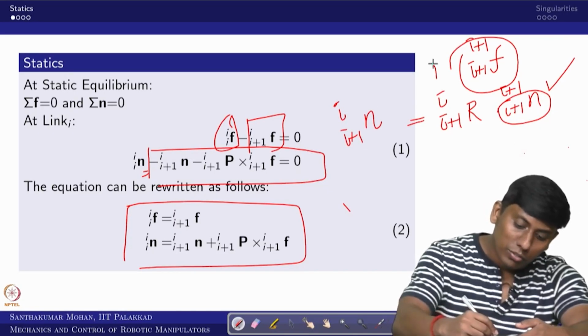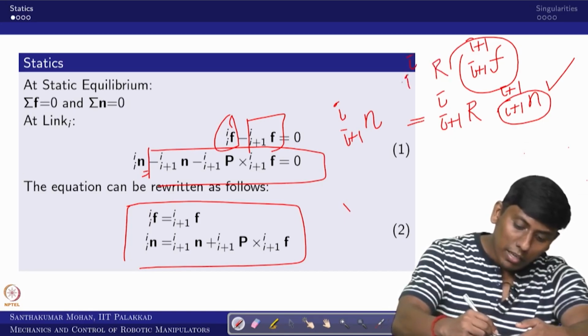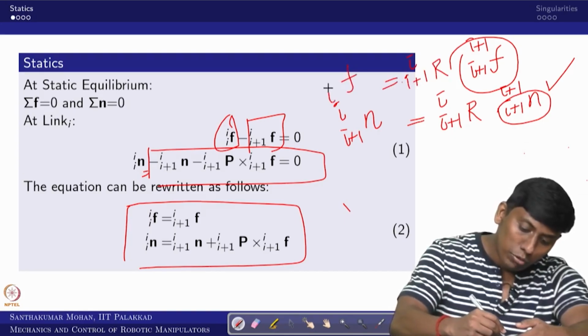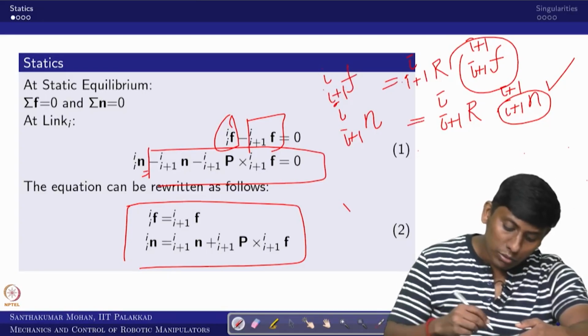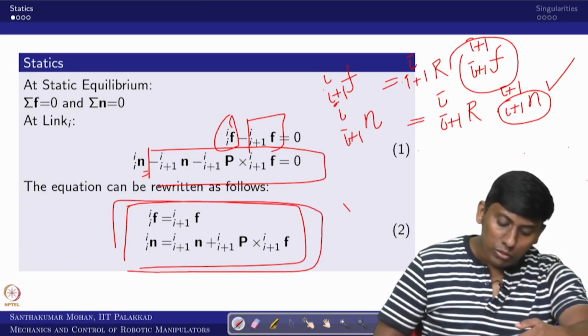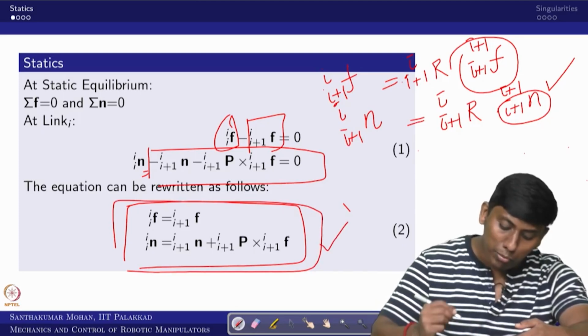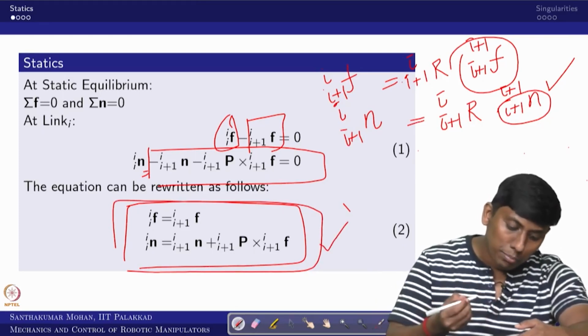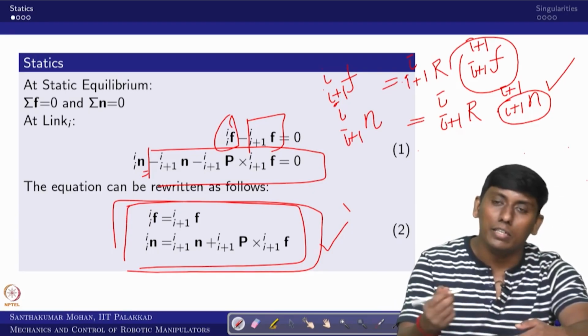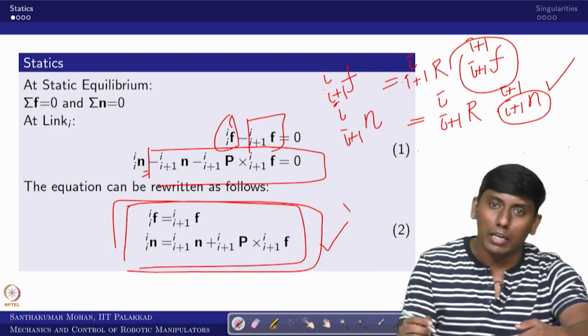Similarly here, we get the force vector of I plus 1 with respect to the ith frame. This is what we have used here. Now you can see this is the backward propagation model, because we start from n to 0. Based on this we can derive the force vectors and angular moment.